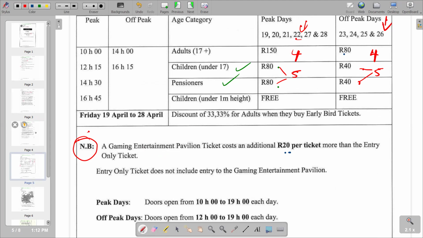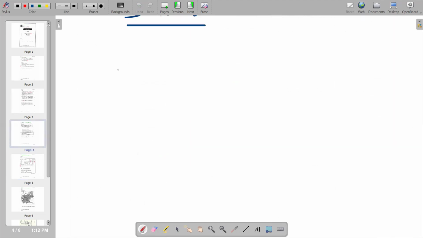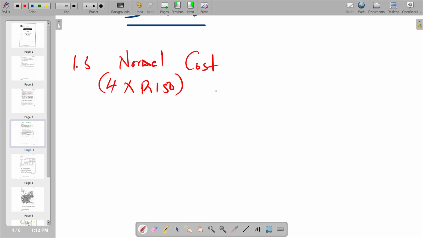So we can start with the normal cost, whereby this is going to be our 1.3. For the normal cost, we are saying 4 times 150 in brackets, and then we add our 5 times 80 rand.